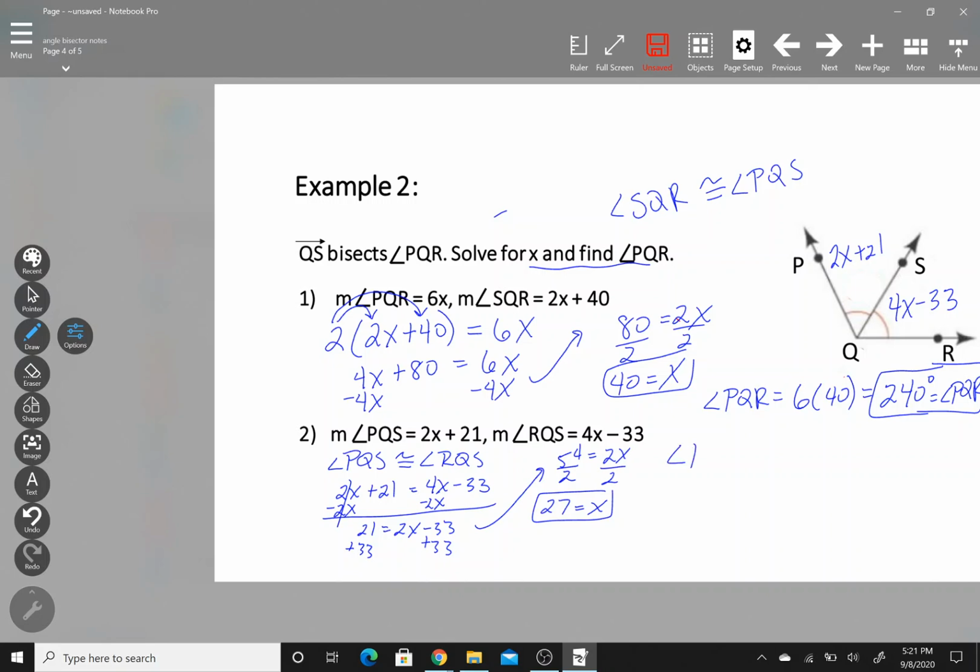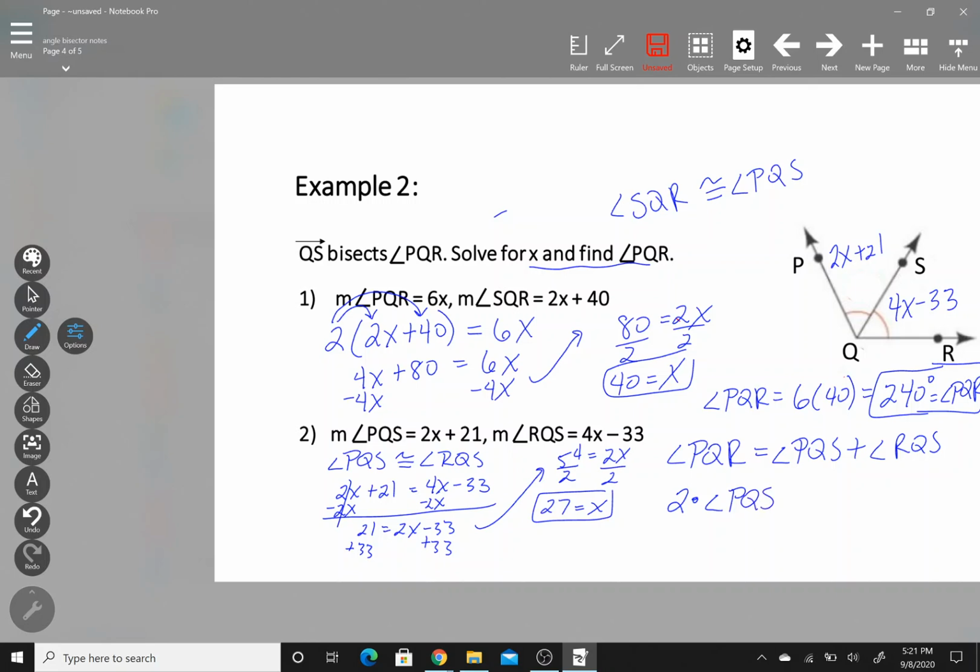So angle PQR is going to be equal to angle PQS plus angle RQS. But again, we know that the two parts are equal. So really what I'm going to do is take twice the size of PQS, or I could do 2 times RQS.